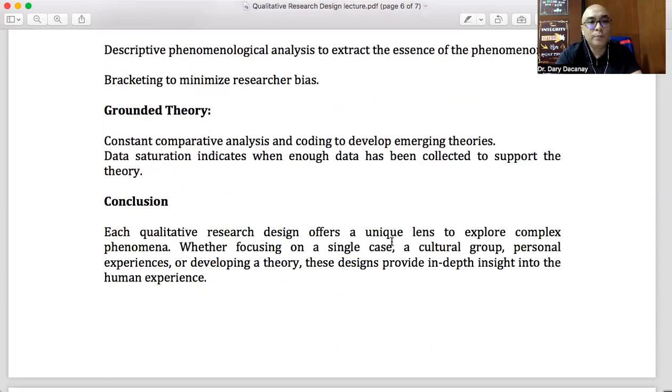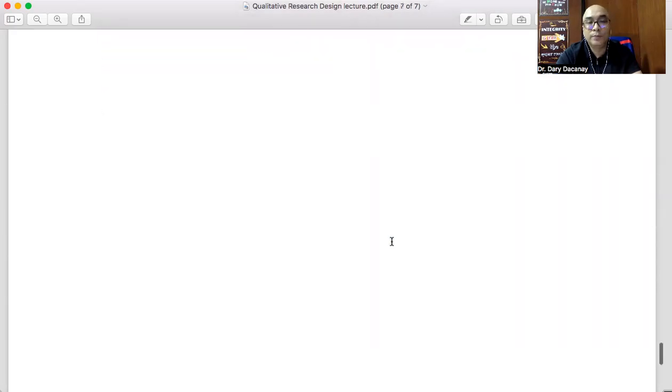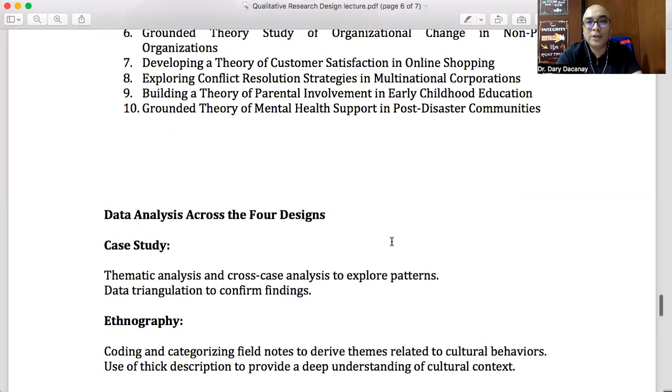So in conclusion, each of the qualitative research designs offers a unique lens to explore complex phenomena, whether focusing just on a single case or a cultural group, personal experiences, or developing a theory. Now, these designs provide in-depth insight into the human experience. So I think that's it for our lecture.